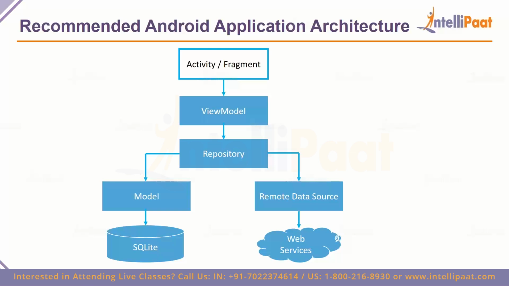Now, activities are really expensive. Once you create an activity, you should try to retain it for as long as possible and not destroy it, because it takes time to create all the assets, combine all the resources, and draw the entire activity on the screen, because it takes a lot of time to parse through all the resources.